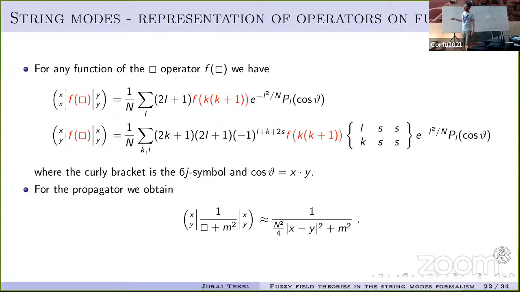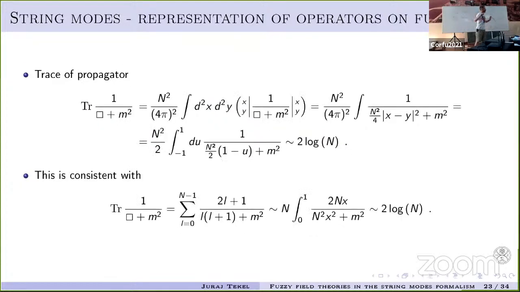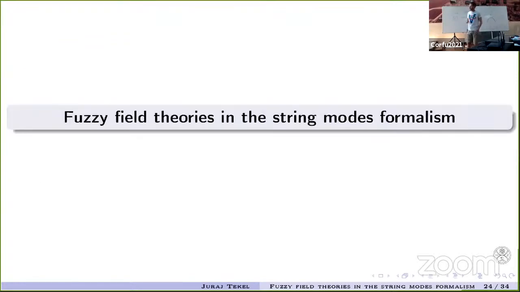And after some work, you can massage this formula in the large n limit into something like this. Now, you don't need to follow this too much. I just wanted to show you that we know what we're doing, because when you calculate the trace of the propagator using the formula I have shown you, you get the very same result you do when you calculate it using the usual formula. So things are working out quite fine.